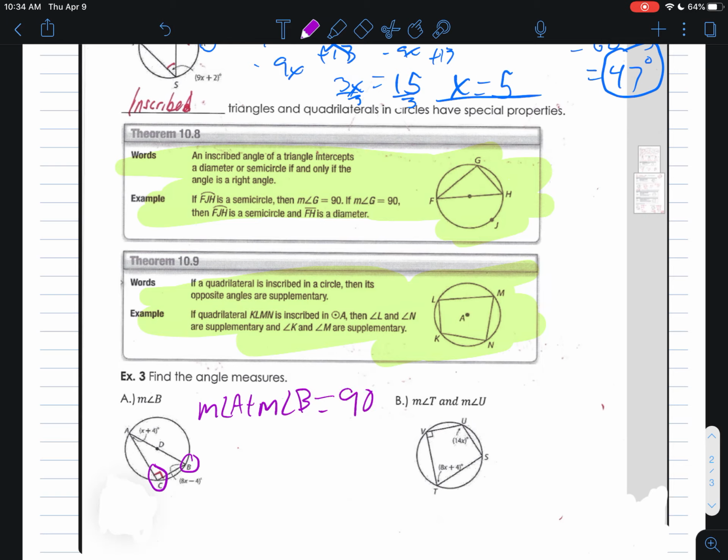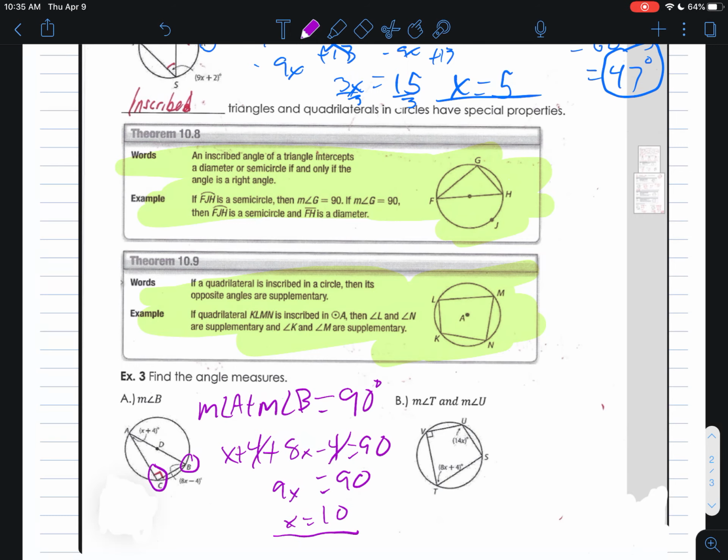Because in a triangle there's 180 and we're already using 90. So in saying that, all we have to do is put the two equations into this. And that would be x plus 4 plus 8x minus 4 equals 90. So then we get 9x, these cancel, equals 90, x equals 10.